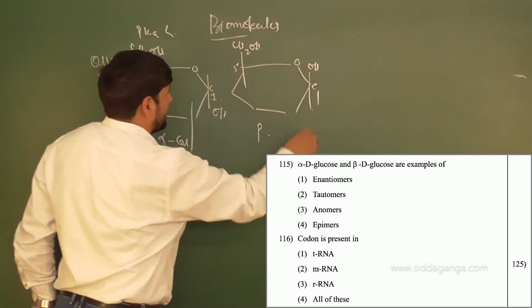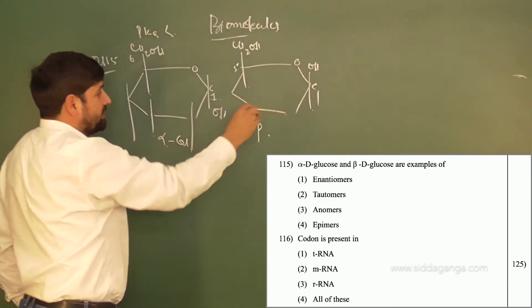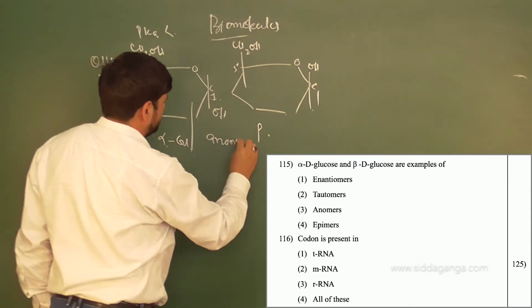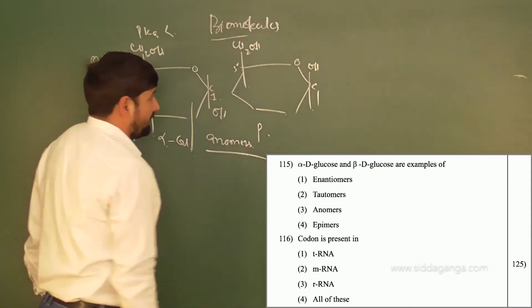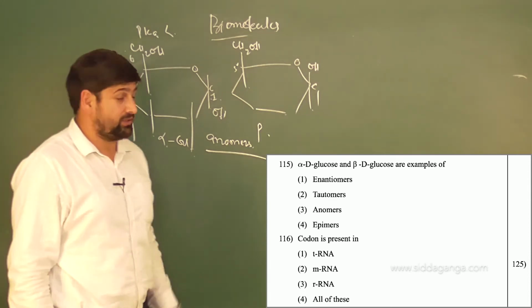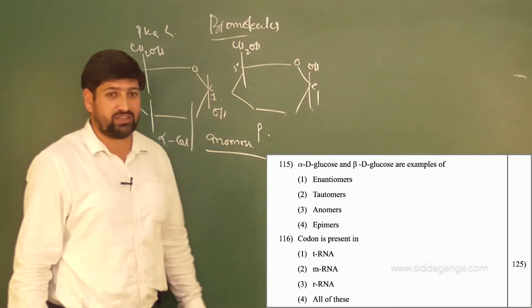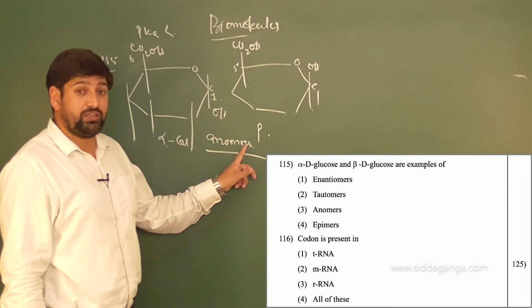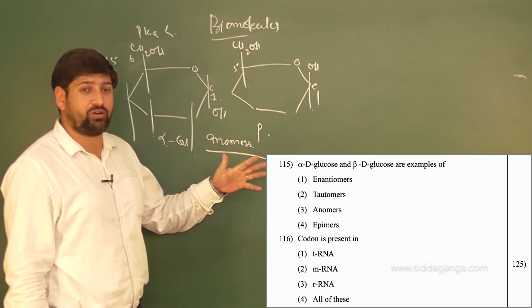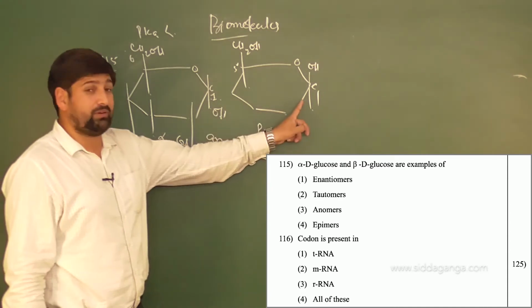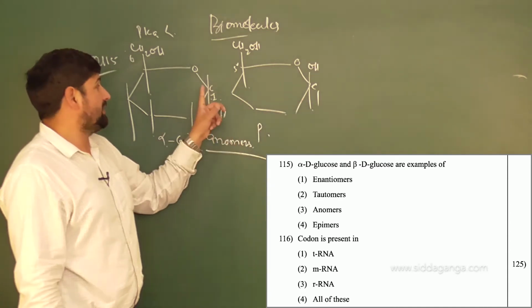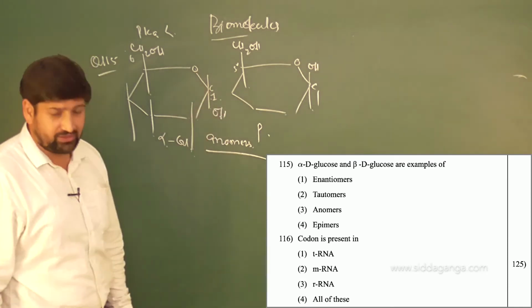So this is alpha glucose and this is beta glucose. They differ in the relative position of OH along carbon number 1, so we call those anomers. The phenomenon is called anomerization, and we know how it happens: ring opening occurs and the cyclic structure alters. Epimers differ from each other in any carbon except carbon number 1. Carbon number 1, the anomeric carbon, is a reactive carbon which shows the reducing property, because the functional carbon is this carbon 1 in glucose.